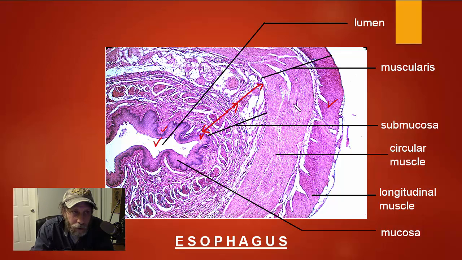Often circular muscle, you will see the gradations going around, and so you can identify circular. So you can distinguish between longitudinal and circular and mucosa. So then everything in between, you're going to call submucosa. All right. So that's the esophagus we've already seen.